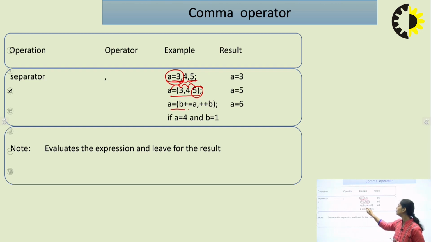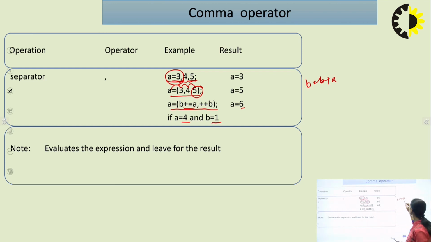Similarly, if we talk about a equals to b plus equal to a plus plus b, in that case, this a equal to 6, this b plus equal to a means b is equal to b plus a. Here we have the value of a as 4 and value of b as 1.